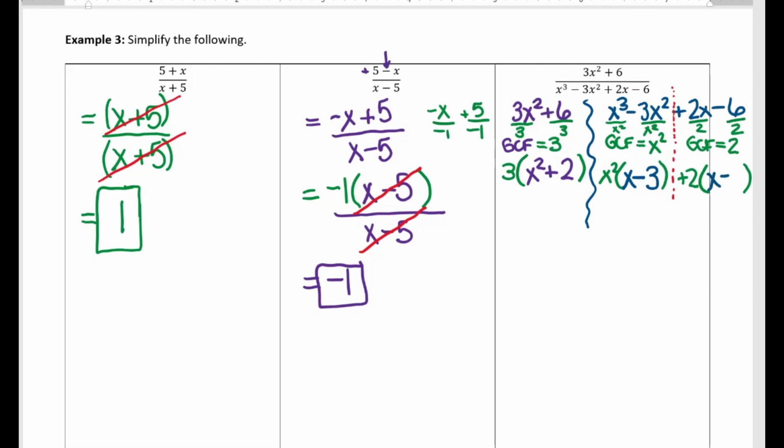Bring down my minus. 6 divided by 2 gets me 3. One last step on the denominator. Notice that x minus 3 shows up on both sides, which means that we can factor it out. So we get x minus 3 times what's left on the outsides, x squared plus 2.